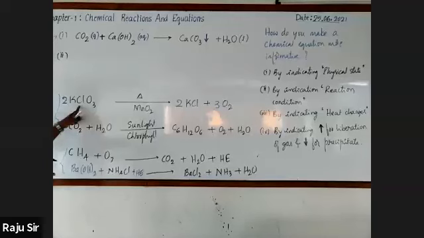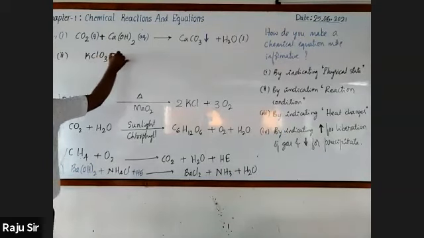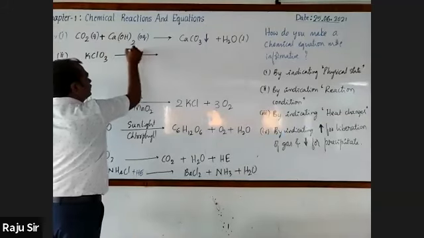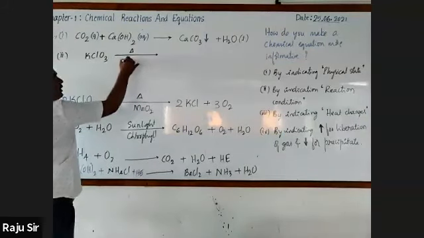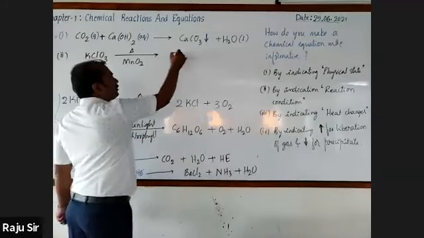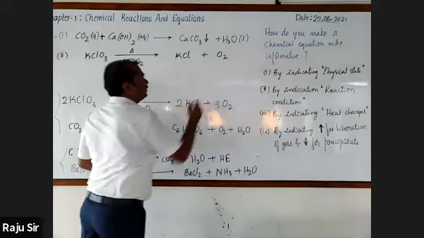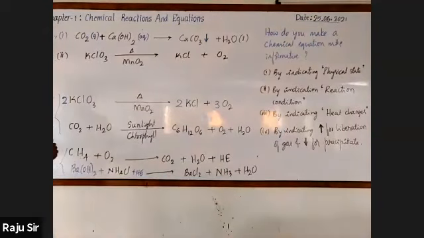When potassium chlorate is heated in the presence of manganese dioxide, it produces potassium chloride and oxygen. Just go for balancing it.